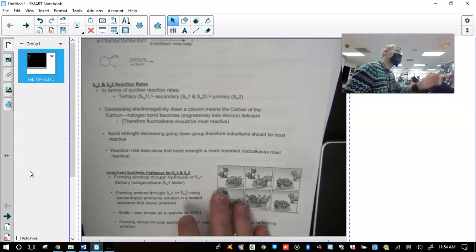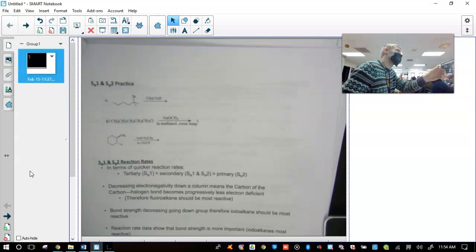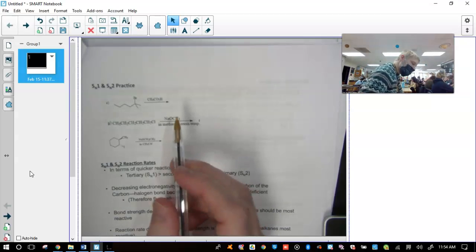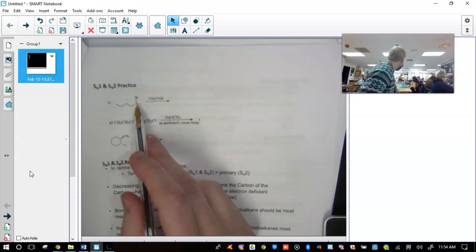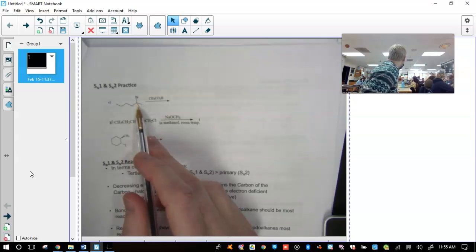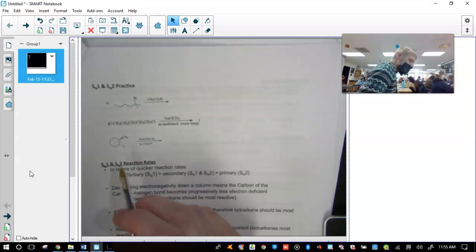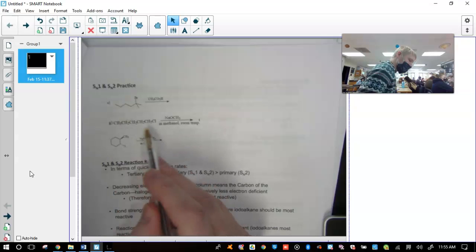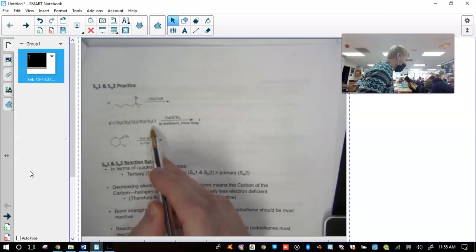Hey, we've got some practice. All right, here's some practice. This is tertiary, so which pathway, Sn1 or Sn2? Sn1. For G, is that primary, secondary, tertiary? Primary, so the pathway would be Sn2.